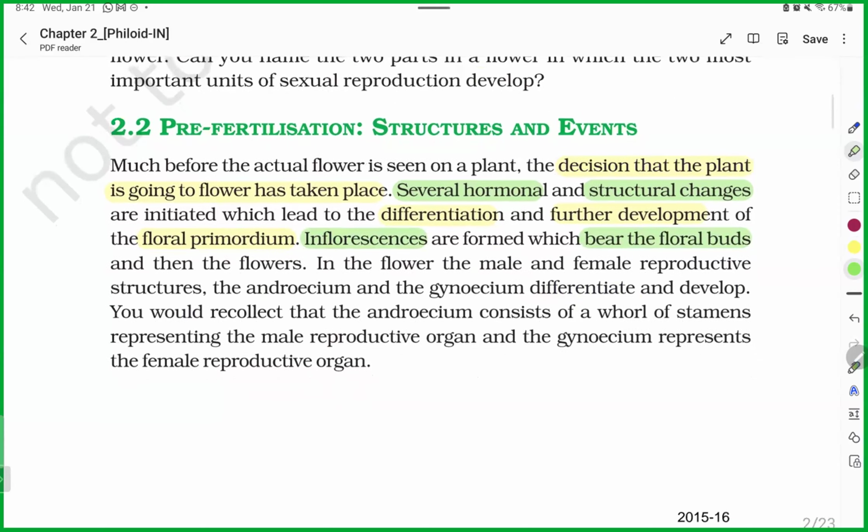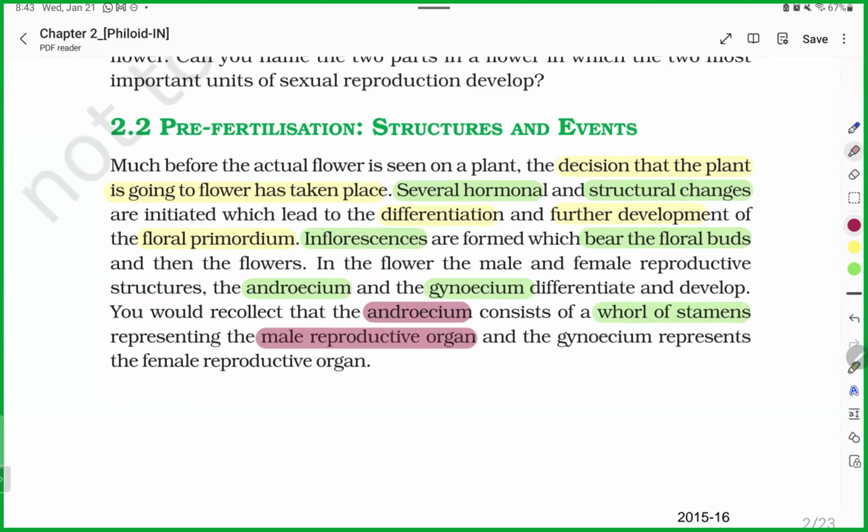Then male and female reproductive structures. Androecium is the male part, gynoecium is the female part. The androecium, the male reproductive part, contains a lot of stamens, and each stamen is a male reproductive organ.